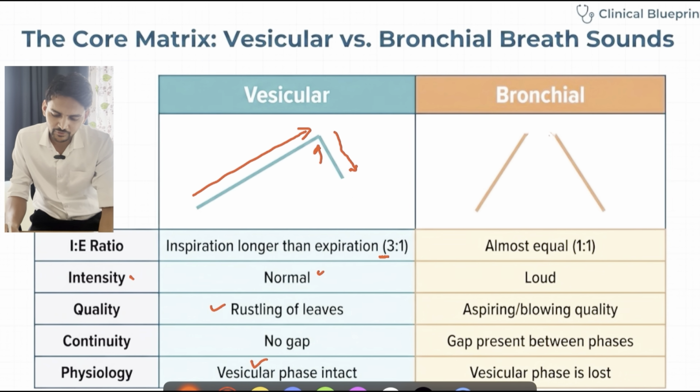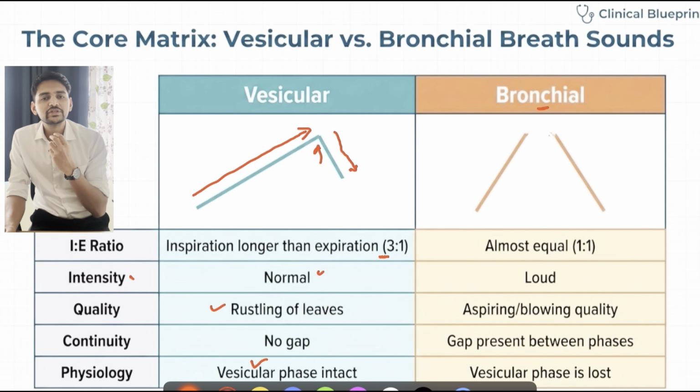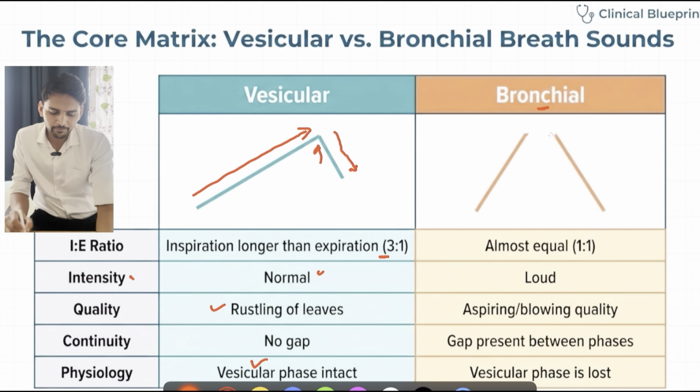The other type of breath sounds are called bronchial breath sounds. As the name indicates, these sounds are just like the sound which is heard over the bronchus or main airways. Here, if you compare with vesicular sounds, the inspiration phase and expiration phase will be equal. Sometimes even the expiration might be quite longer than inspiration and the intensity will be loud compared to vesicular breath sounds.